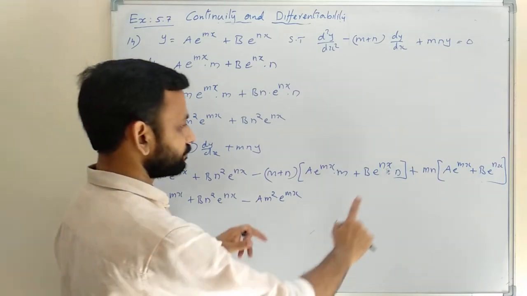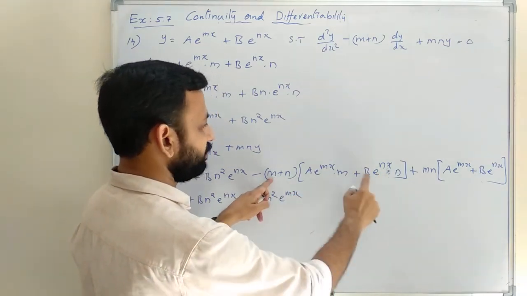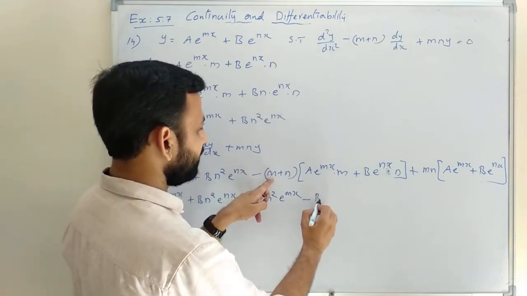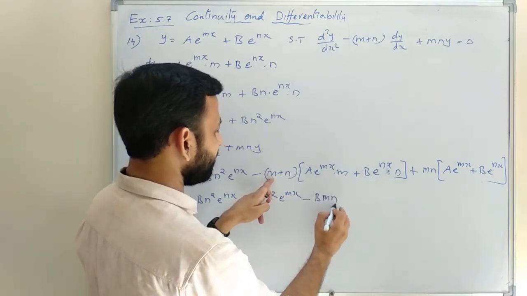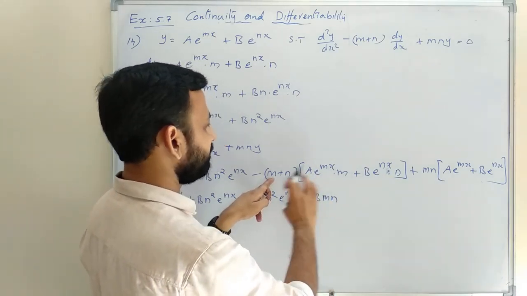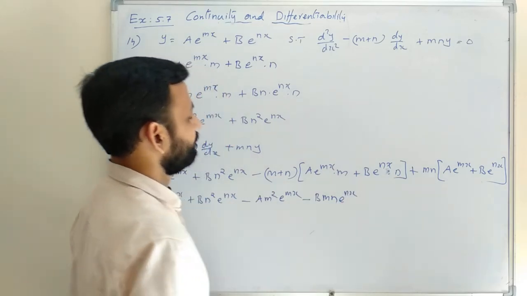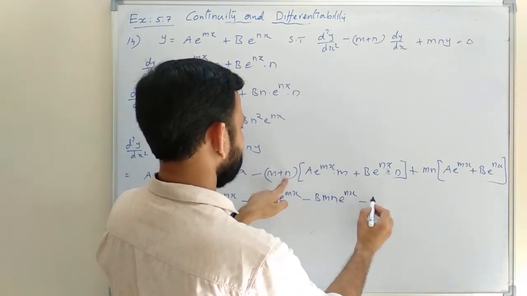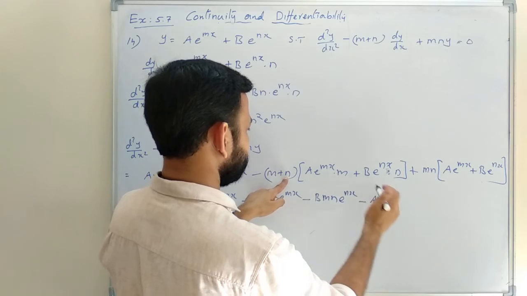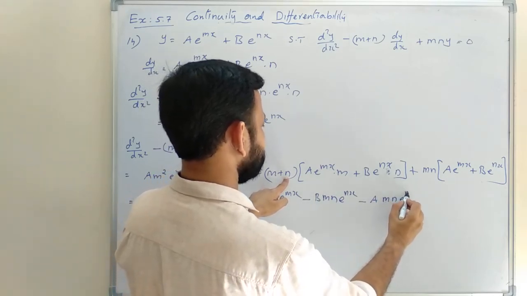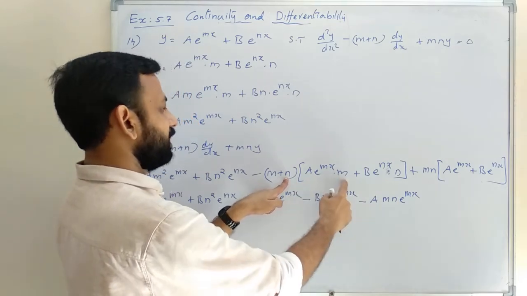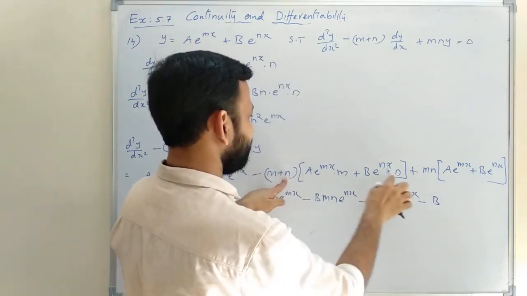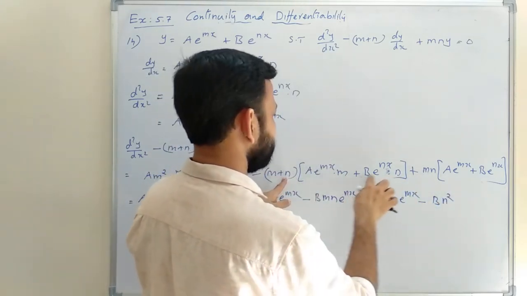Then minus m into this one, so we will get a minus sign, then b into m into n into e raised to nx. Then we can multiply by n, minus sign, a into m into n into e raised to mx. Then b into n into n, n square, then e raised to nx.